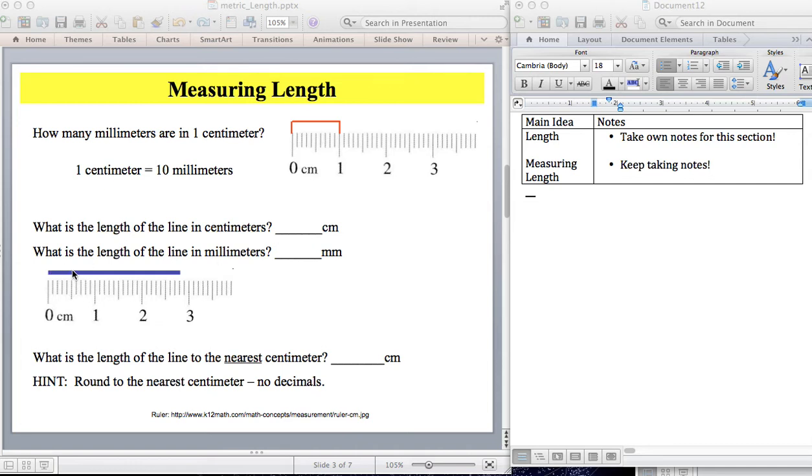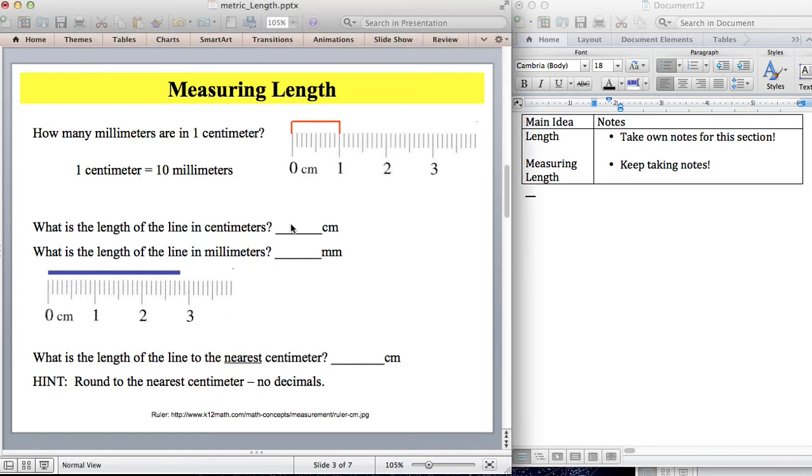So looking at this line, the length of this line in centimeters going from the 0, we see that it's 2. It helps to know that these little in-between lines are every 5. So 2, 2.1, 2.2, 2.3, 2.4, 2.5, 2.6, 2.7, 2.8 centimeters would be the length of the line in centimeters.